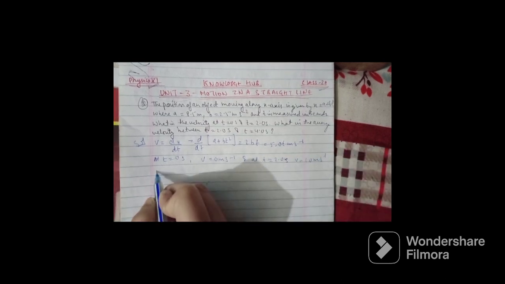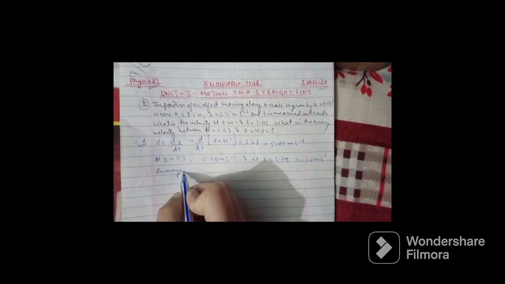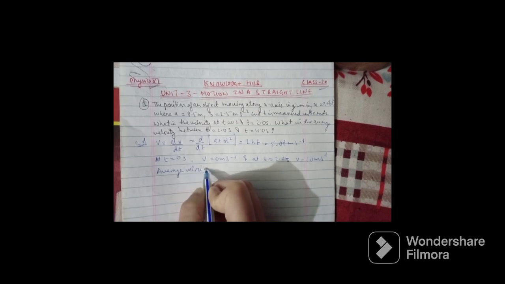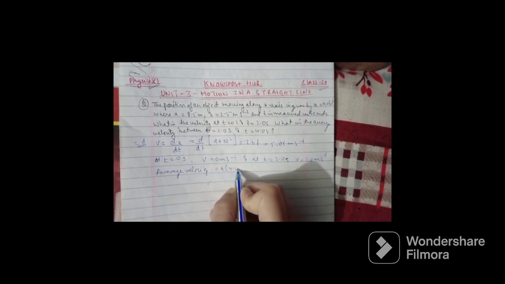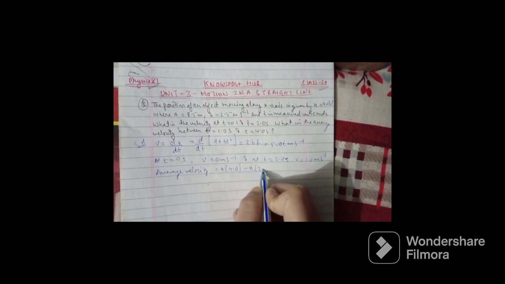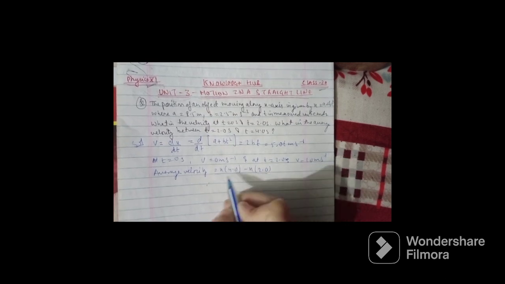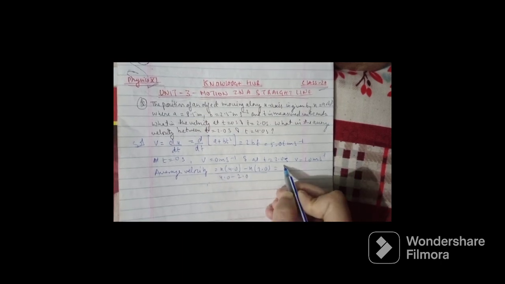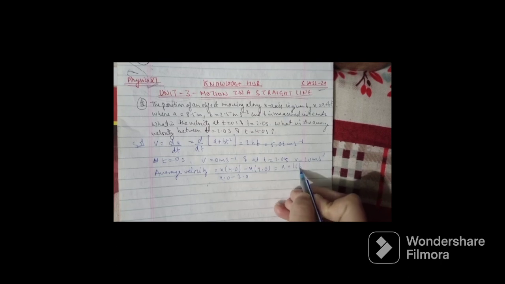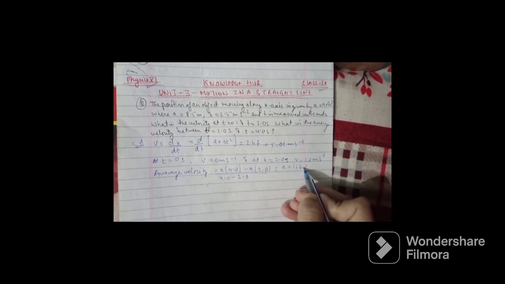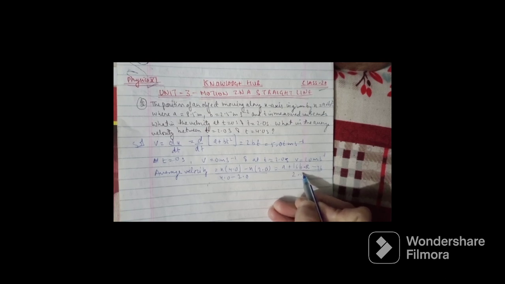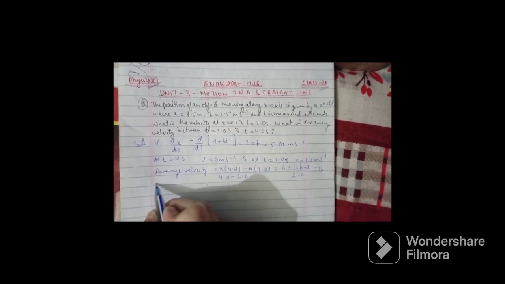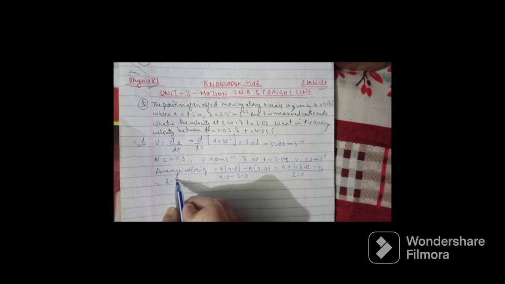So average velocity equals x at 4.0 minus x at 2.0 upon 2.0, which is a plus 16b minus a minus 4b upon 2.0, which equals 6.0 into b.